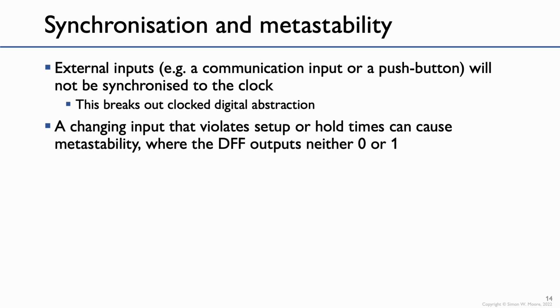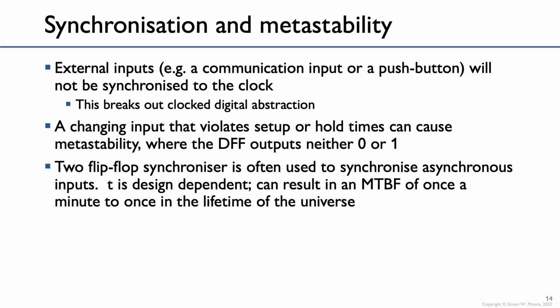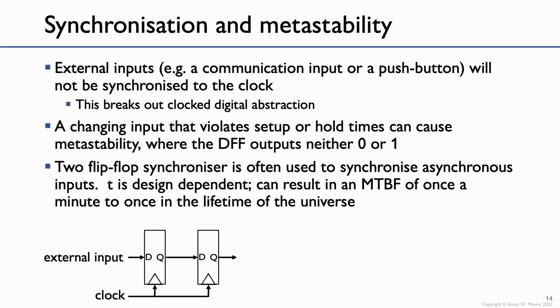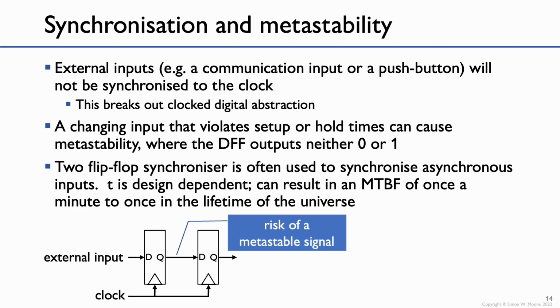The way we resolve this is normally using a 2 flip-flop synchronizer depicted here. The idea here is that the external input comes into the first D flip-flop. It will get clocked. Now that first D flip-flop may go metastable. So we've got risk of metastability at that point.